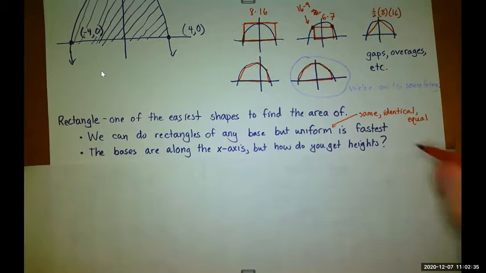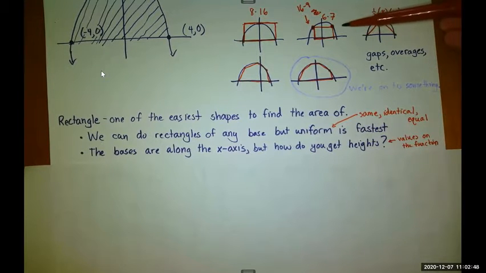Well, the heights, like I mentioned already, for that second approximation scheme I gave you, I went to x equals 3, and then I found the point at 3, which I did by doing 16 minus 9 to get 7.